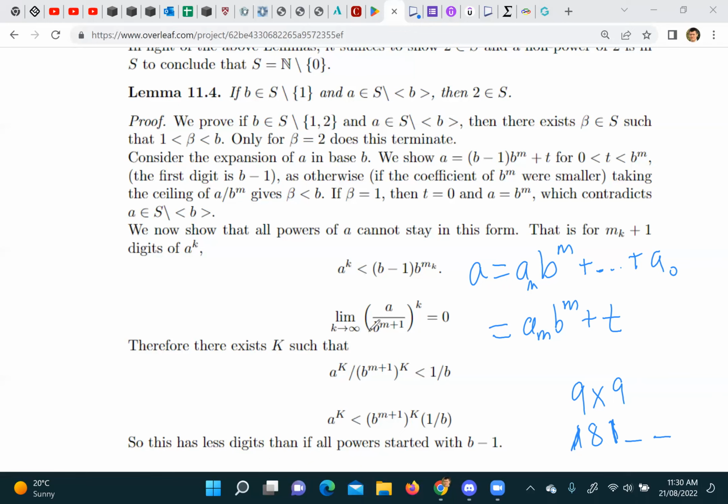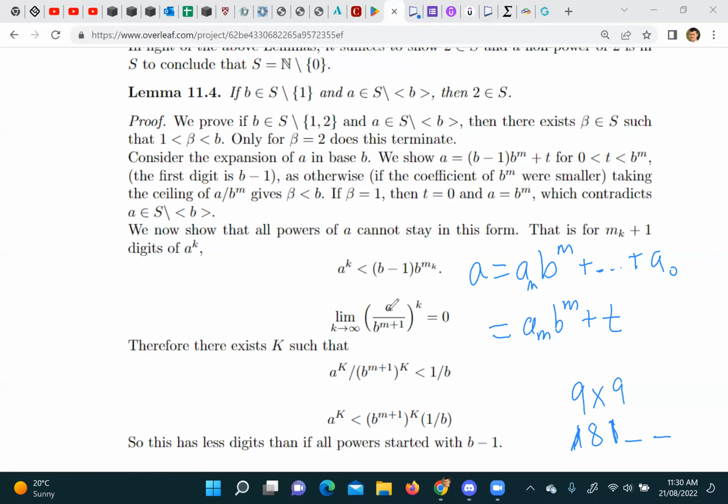So basically, this b to the n plus 1 to the k, that's basically the right amount of digits. And if a to the k is equal to something small times that, so it's not 100%, it's maybe 90%, or even 1%, then you have to lose at least 1 digit. Does that make sense?